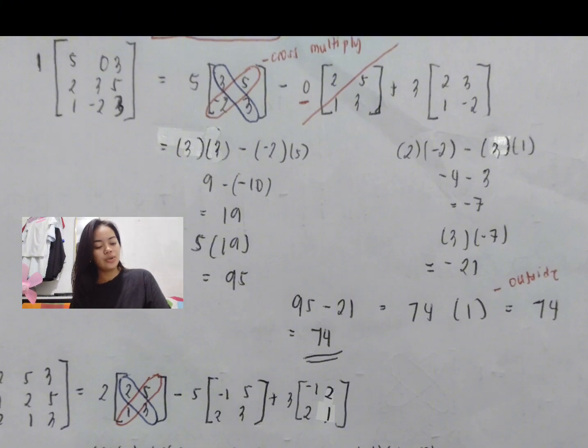We multiply negative 7 by the number outside, which is 3, and 3 multiplied by negative 7 is equal to negative 21. After this, we just need to get their answer. So, 95 minus 21 is equal to 74. Since our answer is 74, we multiply 74 by the outside number of this matrix, which is 1. So, 74 multiplied by 1 is basically 74 itself.